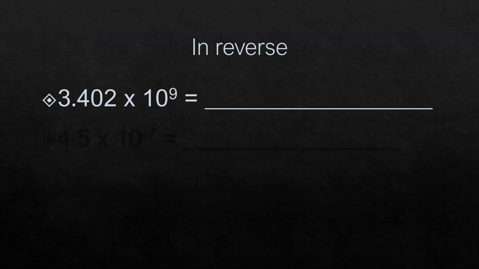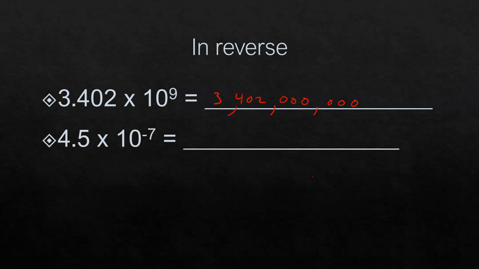If we have a number in scientific notation, we just undo that, right? So I'm going to move my decimal 9 places to the right. So I'm going to go 3, 4, 0, 2, 1, 2, 3, 4, 5, 6, 7, 8, 9. All right, 4.5 times 10 to the negative 7.